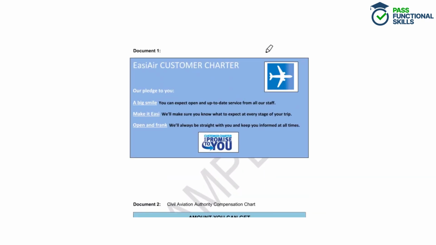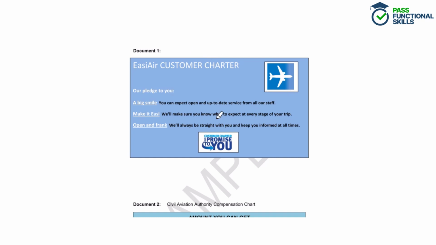So the first document says Easy Air Customer Charter, our pledge to you, a big smile. You can expect open and up-to-date service from all our staff. Make it easy. We'll make sure you know what to expect at every stage of your trip. Open and frank. We'll always be straight with you and keep you informed at all times.